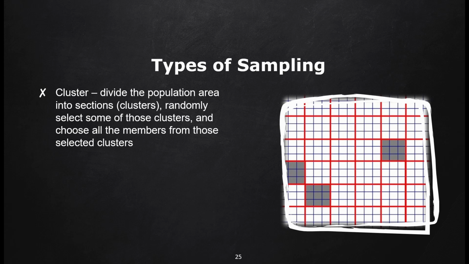And once we choose a cluster, we're going to sample every single subject inside that cluster. So hopefully you can identify the main difference between those two. They are fairly similar, just different in a small way.